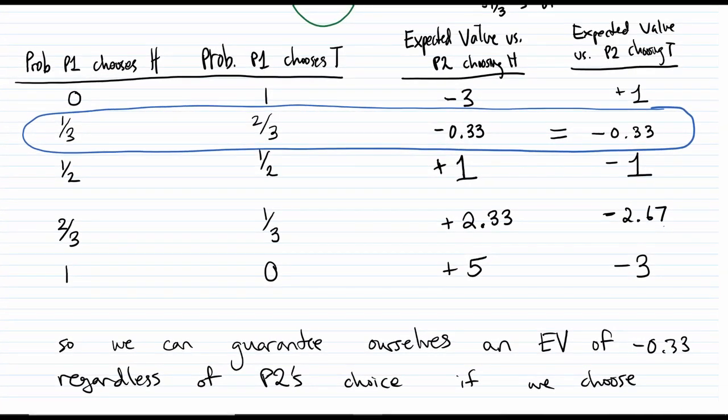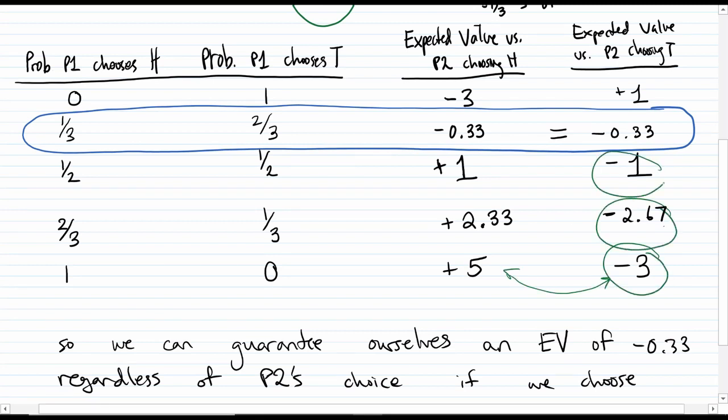If we compare it to all the other mixed strategies, they suffered from the fact that if player 2 caught on to what we were doing, they got to choose what they were doing. They could always choose the lower of the two numbers. They could make us lose a lot of money. But with this one, since they're equal, they can't choose to make us take the lower value. So we're guaranteed to get this value no matter what.